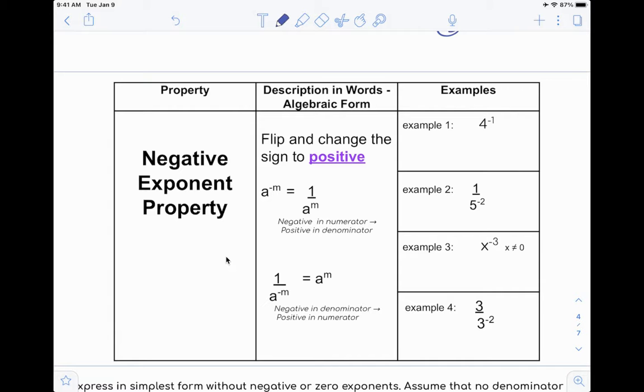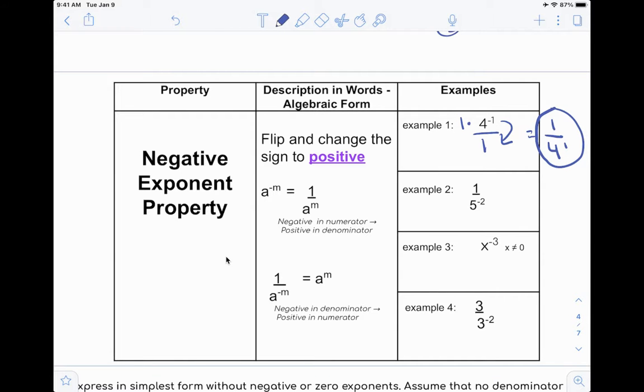So 4 to the negative 1 power, I'm going to write over 1. I'm going to flip and make the exponent positive. So you need to remember this could be written as 1 times 4 to the negative first power. So this equals 1 divided by 4 to the first power.